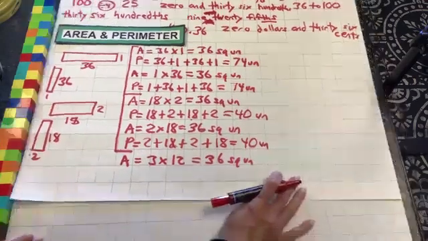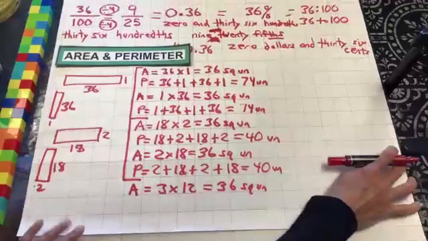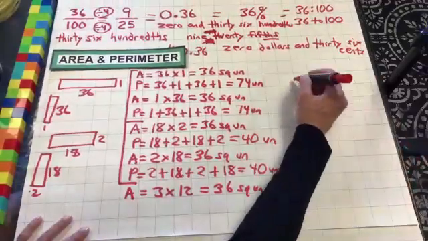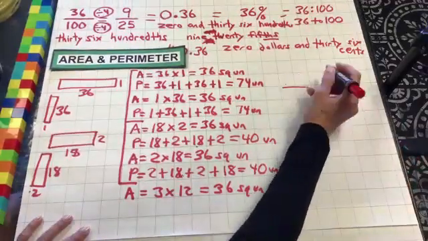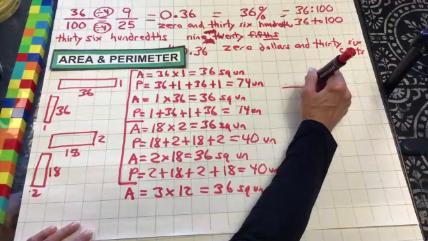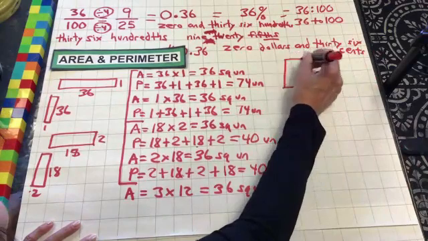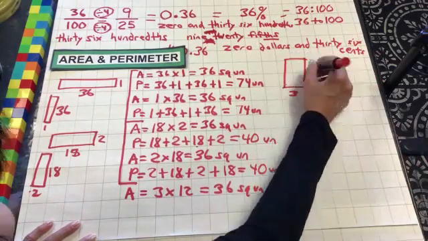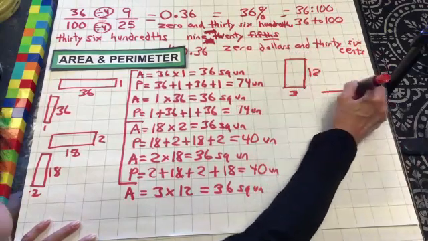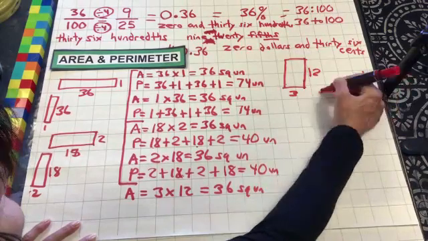So what's that look like? I'm going to come over here and do it on this side. So we have a 3 by 12, 3 by 12. And then we're going to have a 12 by 3.